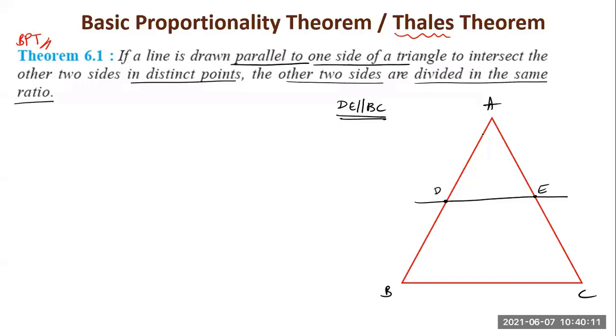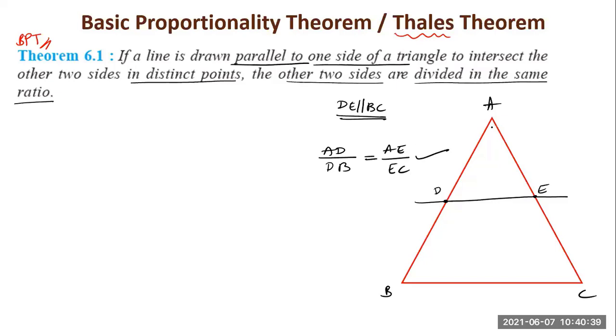Divided in the same ratio in the sense AD divided by DB is equal to AE divided by EC.